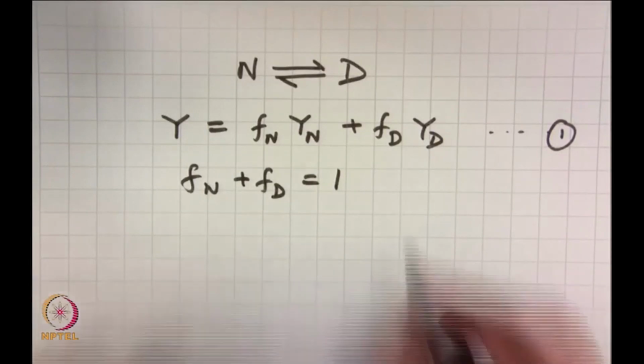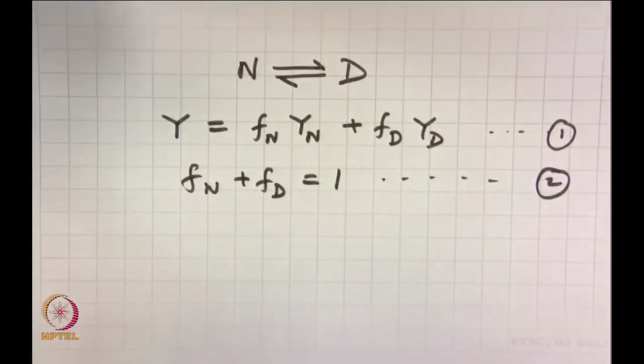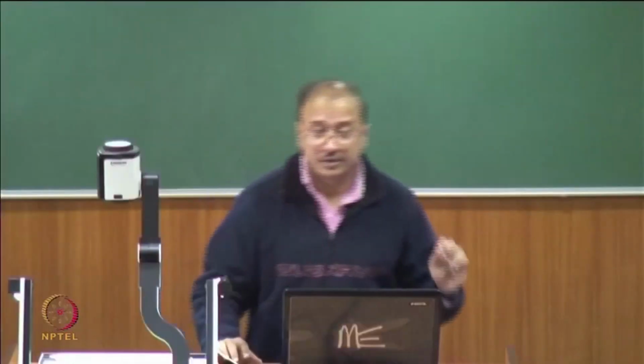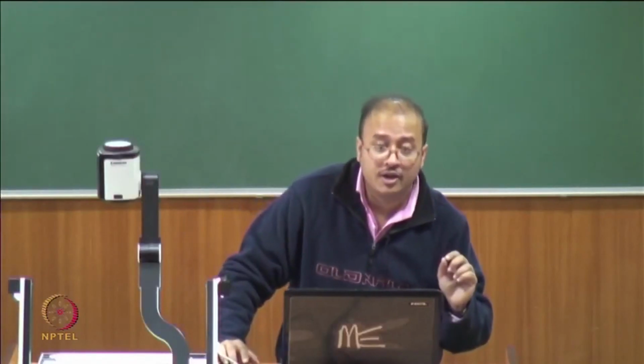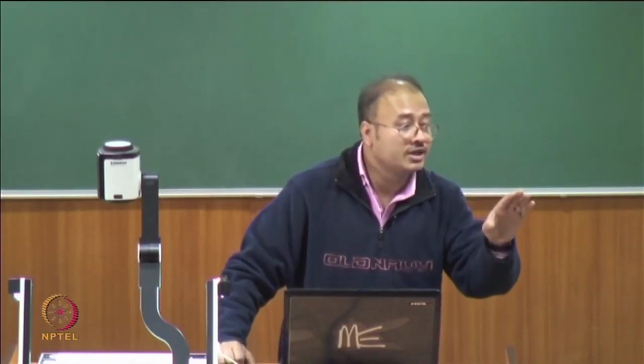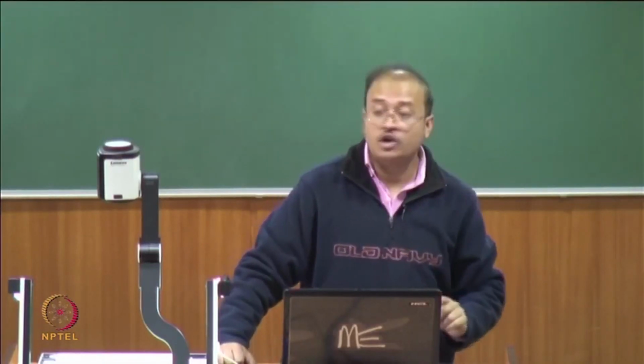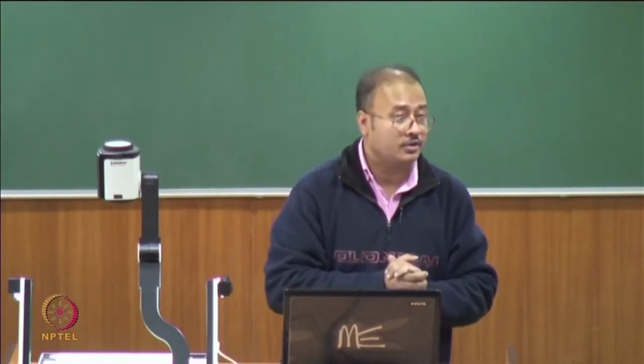Now, this is very important. When we are saying this, what do we mean? Listen carefully, what we mean is we have only 2 states available. What are the 2 states? The native state and the denatured state. We are not considering any other state.